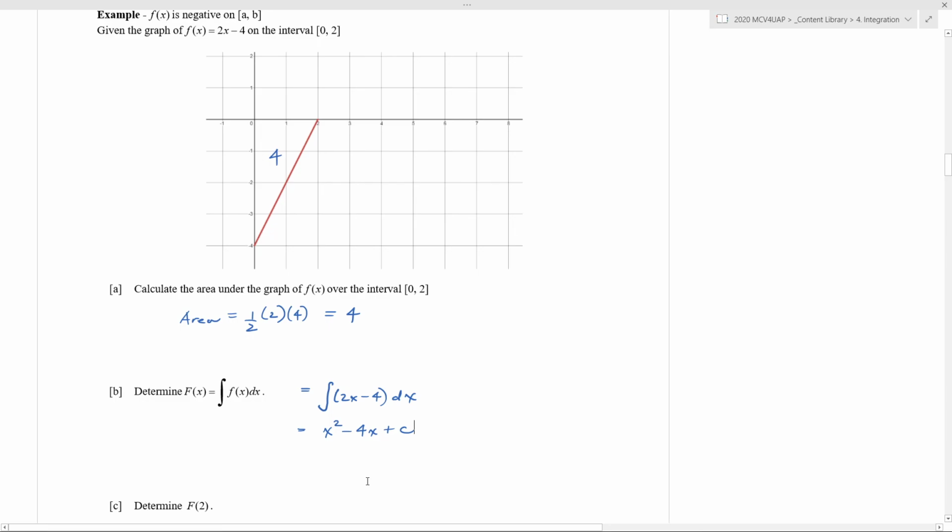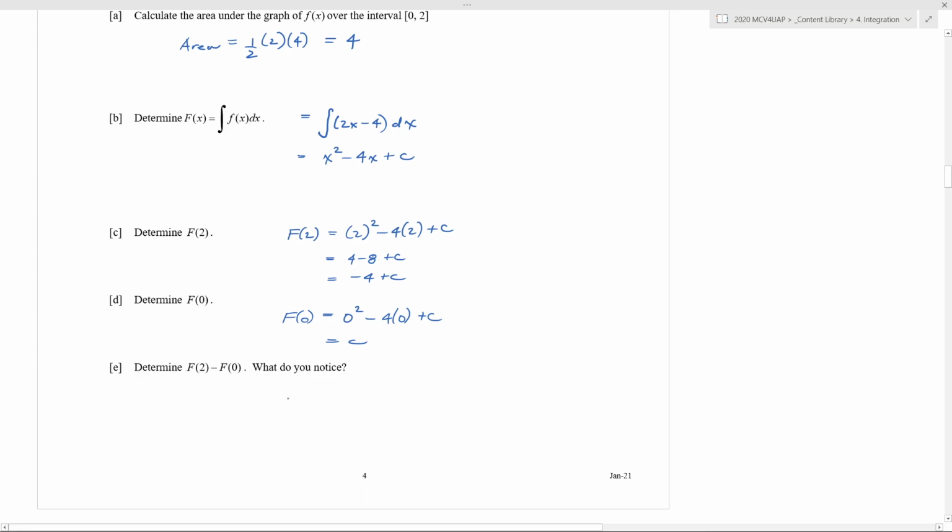F at 0 is 0 squared minus 4 times 0 plus a constant, which is c. F at 2 minus F at 0 is negative 4 plus c, subtract c, which is negative 4.